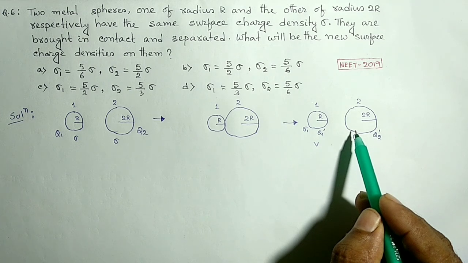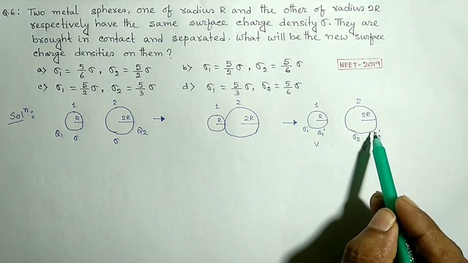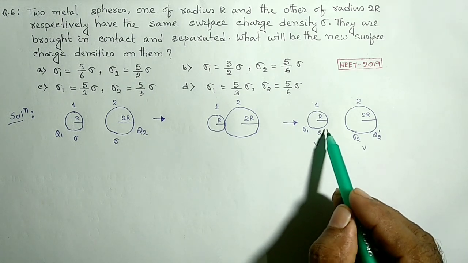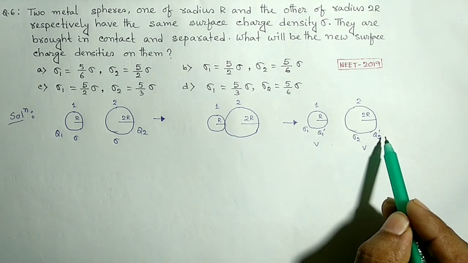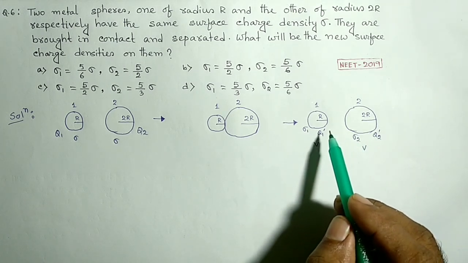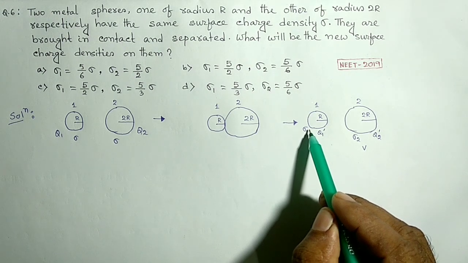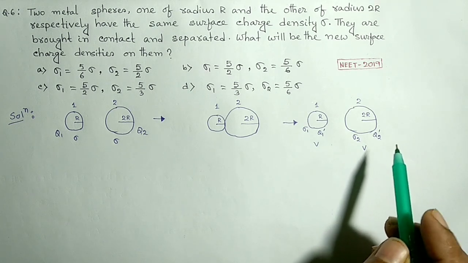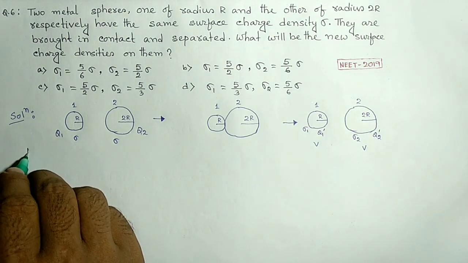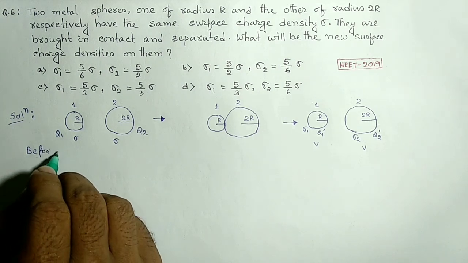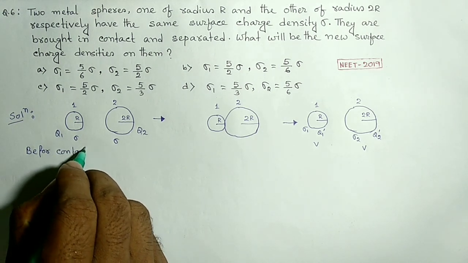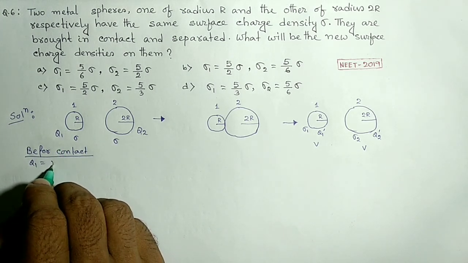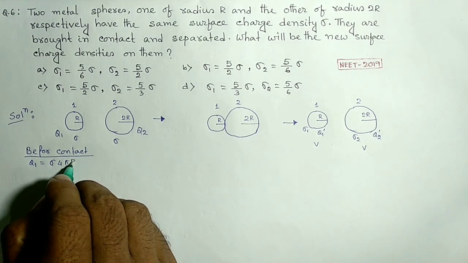Now after separation, the charge on the spheres will be different. So let us assume that it is Q1 dash and Q2 dash. Now the surface charge densities, we also assume, are sigma 1 and sigma 2. Now before contact, Q1 equals sigma into 4 pi r square.